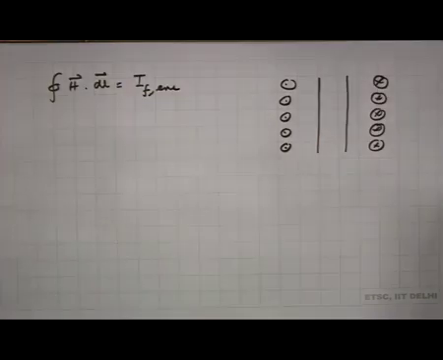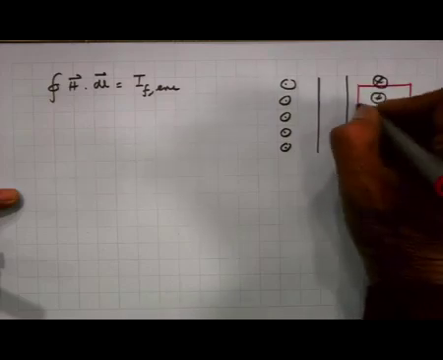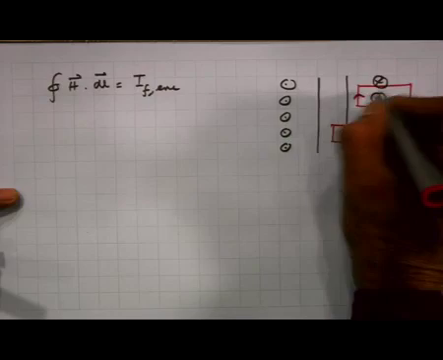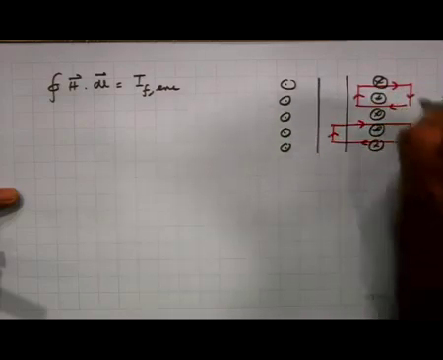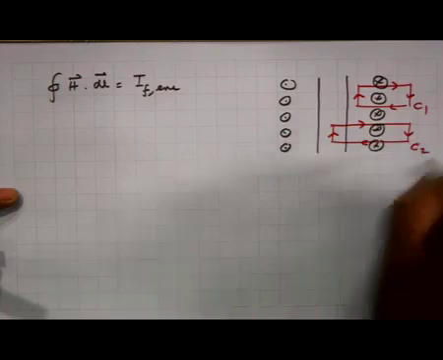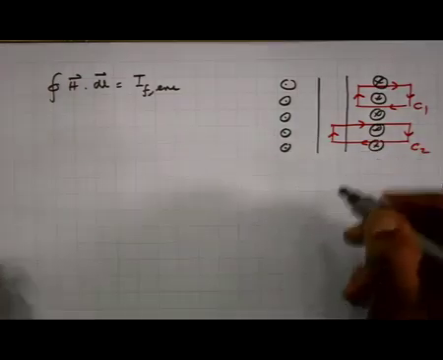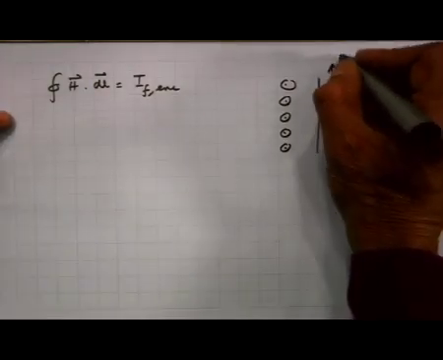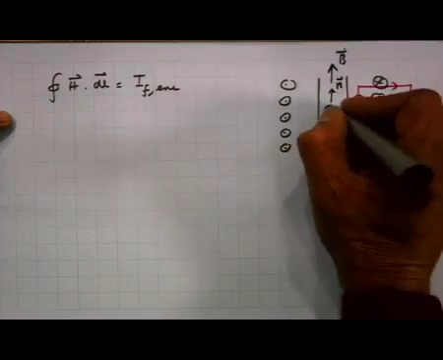Now, to do this I need to take a loop. So, first let me take two loops, one is this loop and another is this loop, C1 and C2. Remember the B field is like this, the M field is like this, and the H field will also be like this.